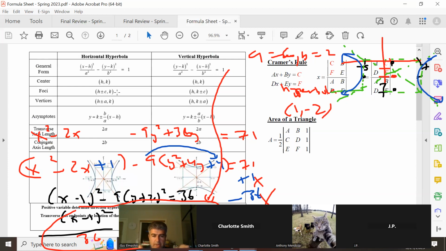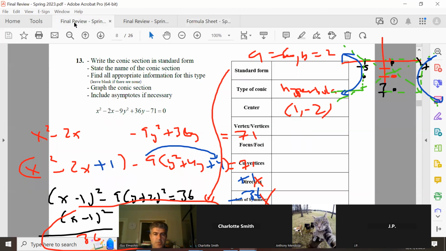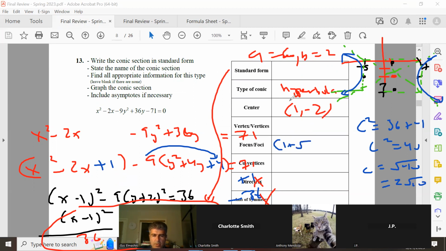The foci is always on the major axis for both ellipse or hyperbola. So in this case, c squared equals 36 plus 4, c squared is 40, c is root 40, which, by the way, is 2 root 10 if you want to do it that way. So you have to add 2 root 10 to the x coordinate in the center.